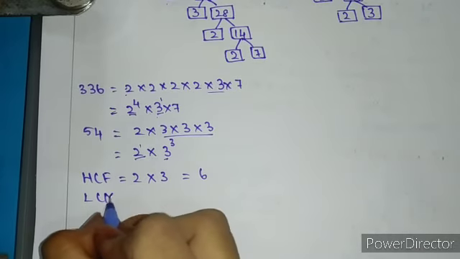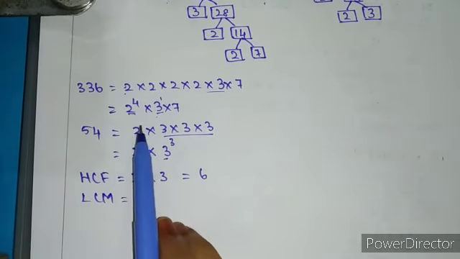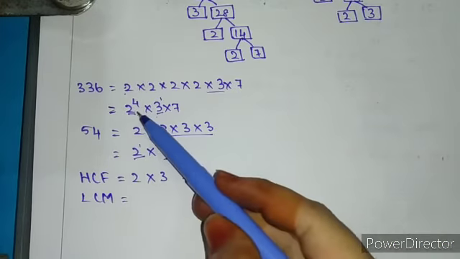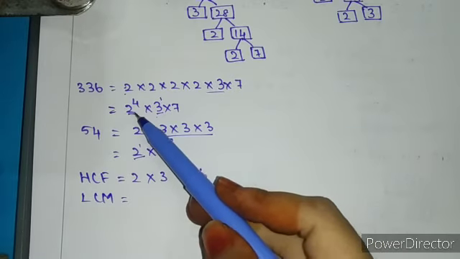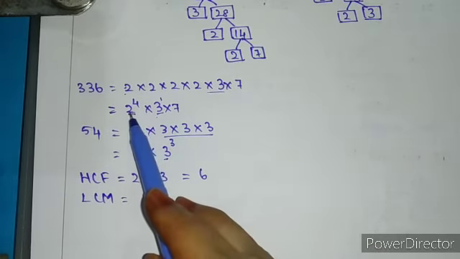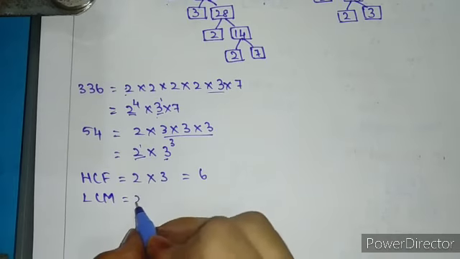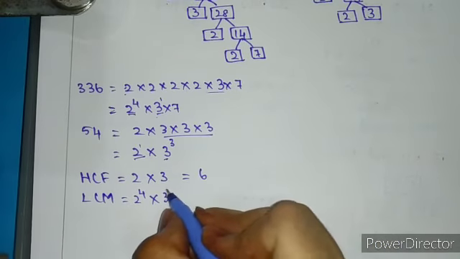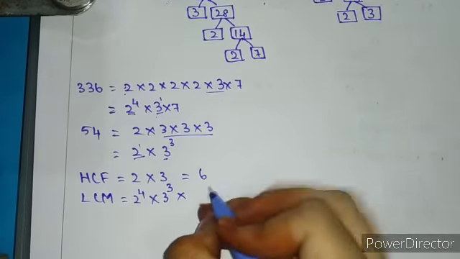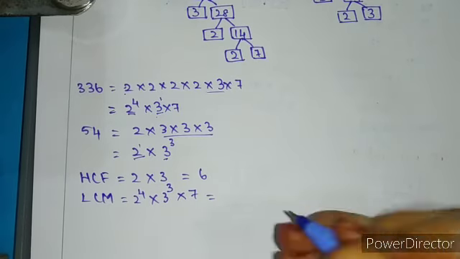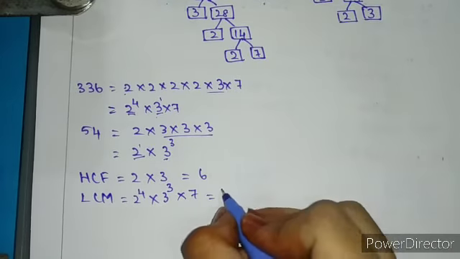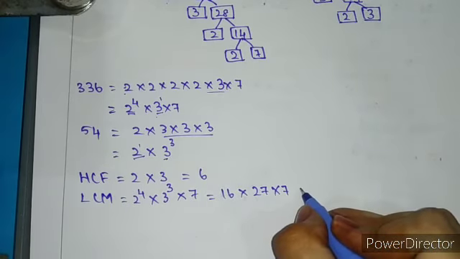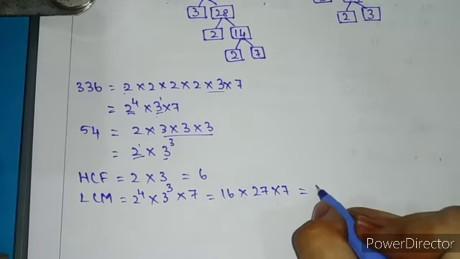And LCM, see here, we have to consider each prime factor. 2 is a factor of both the numbers. In this case we consider the greatest power, so 2 power 4, and for 3 we consider 3 cube, into 7. So when we multiply this, 2 power 4 is 16, 16 into 3 cube is 27, into 7. So we get 3024.